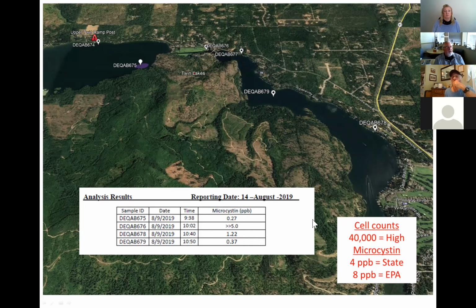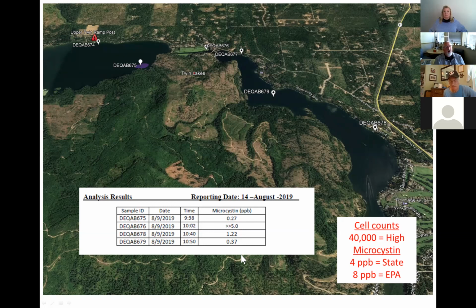Sample 678 was taken down by the boat ramp in the lower lake. Again, it's not at our criteria level, but it is a concern, and this is just a raw sample taken there. Sample 679 was taken in the middle of lower Twin Lake, in one of the deep spots, and you can see we're at 0.37.